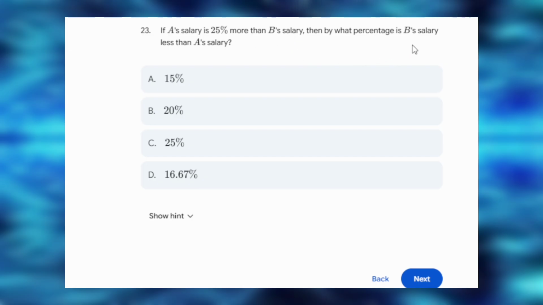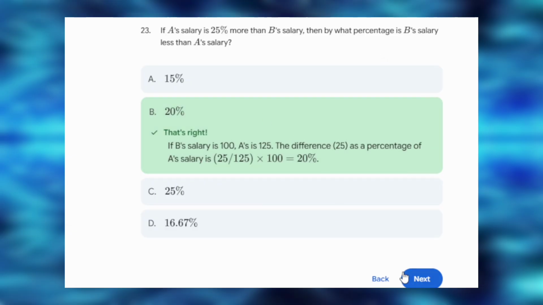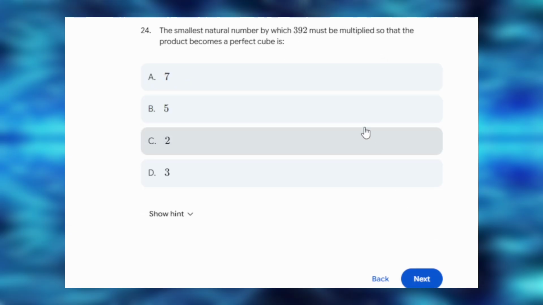Then B is less by 25 rupees. In percentage we get 20%. Next sum.